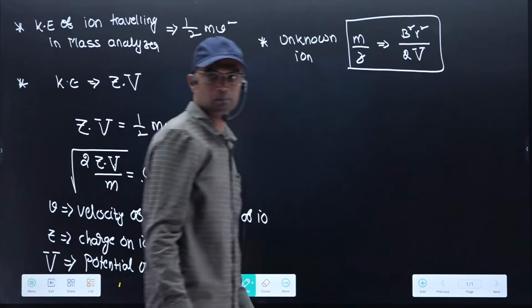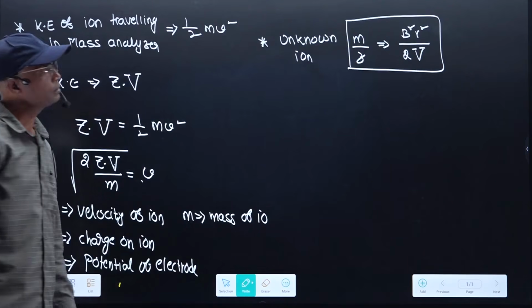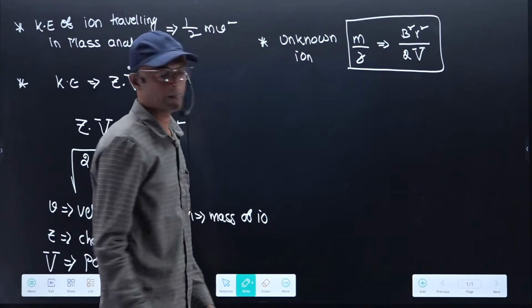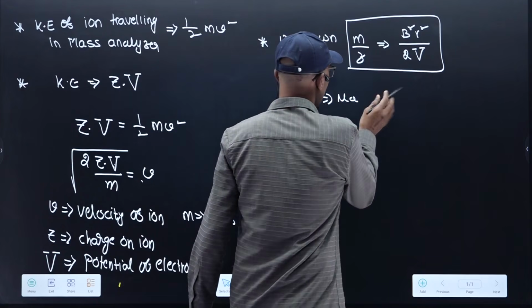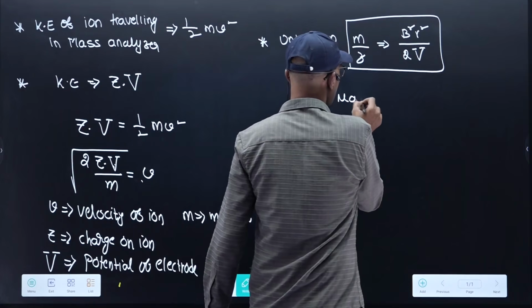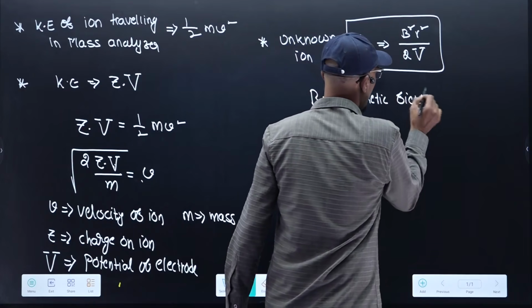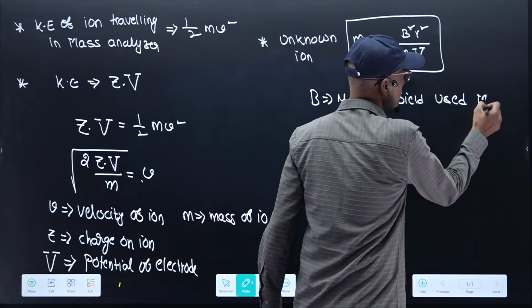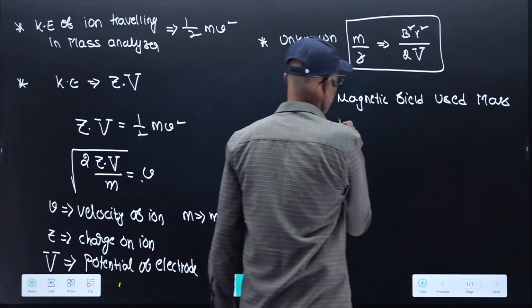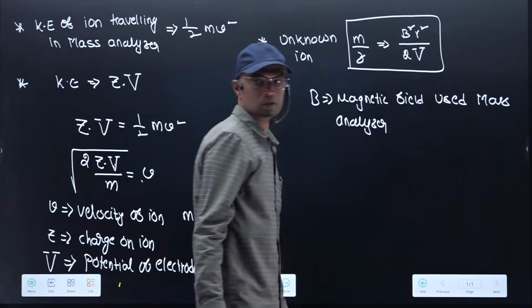What is m/z? Mass by charge ratio. We can also calculate by using B square R square by 2ZV. So what about B? B is equal to the magnetic field used in the mass analyzer.